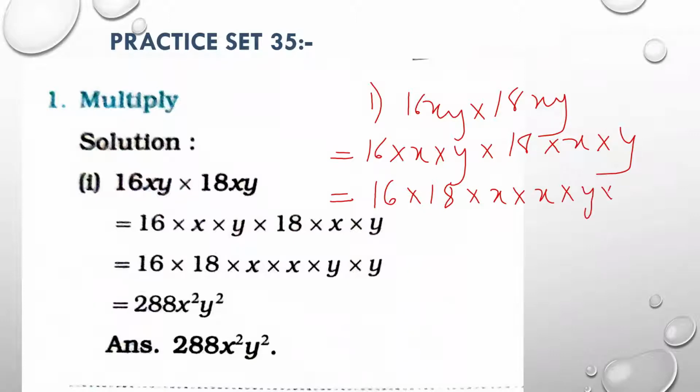So 16 into 18 is 288. And here x, 2 x's are there, so add the power: 1 plus 1 is 2, x raised to 2. Again y raised to 2. So this is your answer.